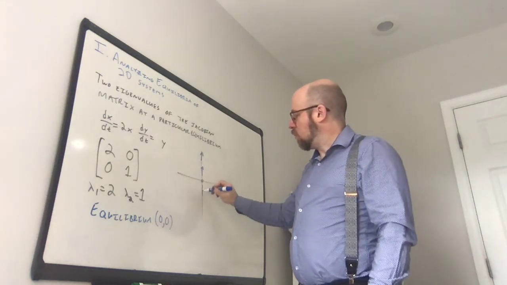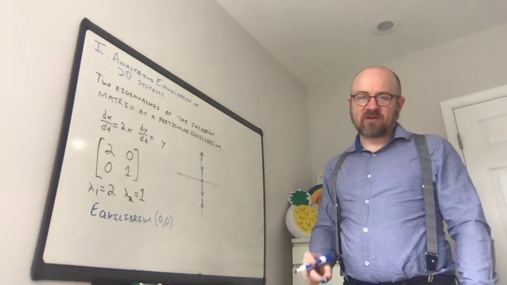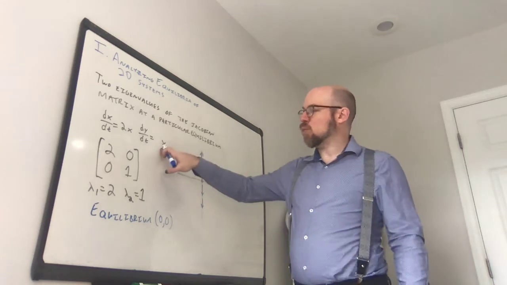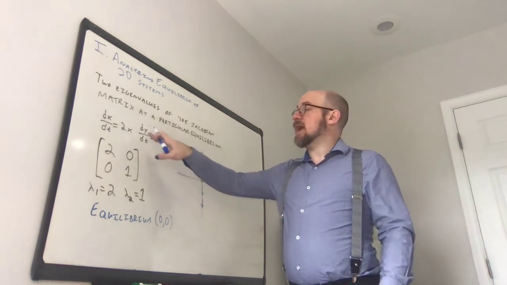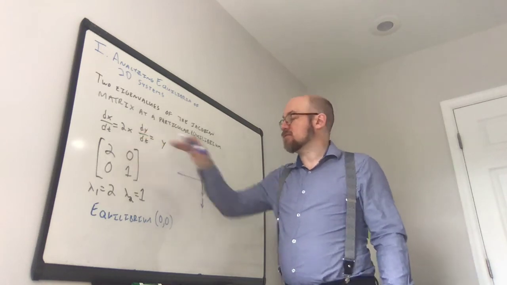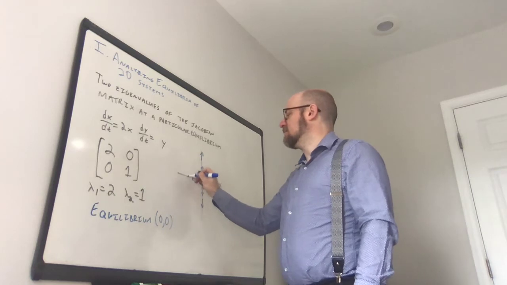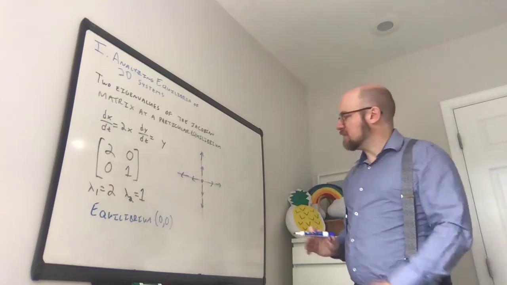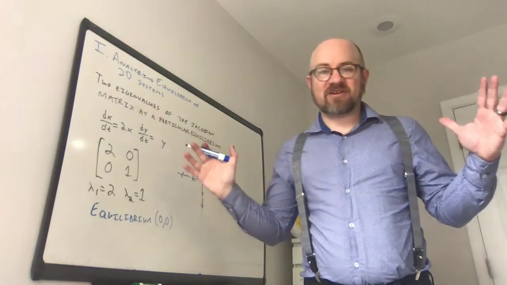Down here, y is less than 0, so dy/dt is less than 0, so we decrease vertically. Similarly, on the x-axis, which is the y nullcline, we only get horizontal motion. When x is greater than 0, it's increasing. When x is less than 0, it's decreasing. Okay? So you can see here, all of the arrows are going out from 0, 0.